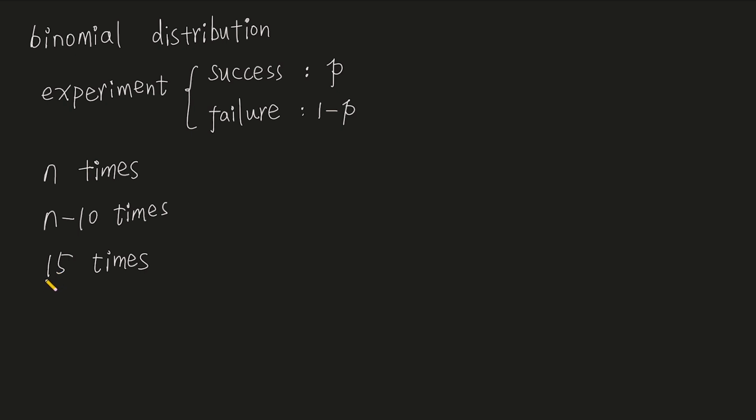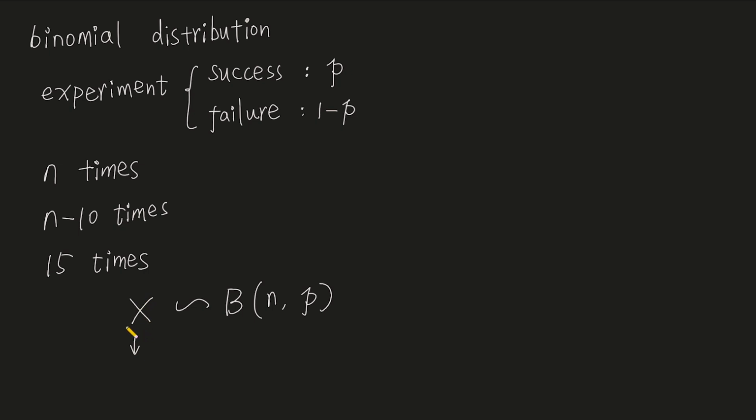And in such a case, we say that this random variable follows the binomial distribution. We use this expression to represent that a random variable follows a binomial distribution. In this expression, the X represents the number of times of success.